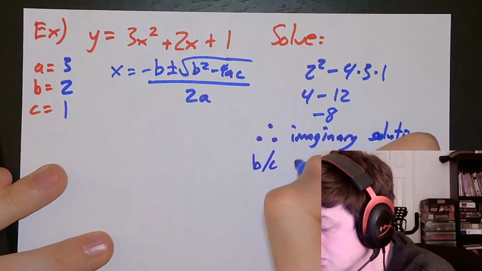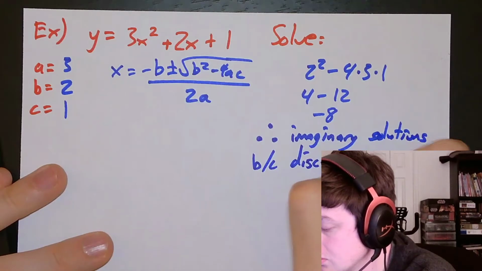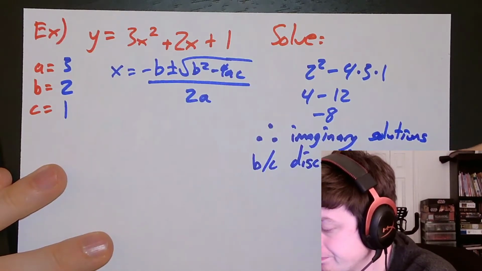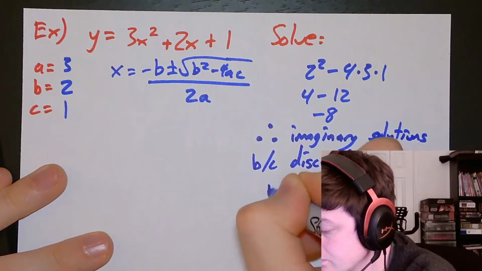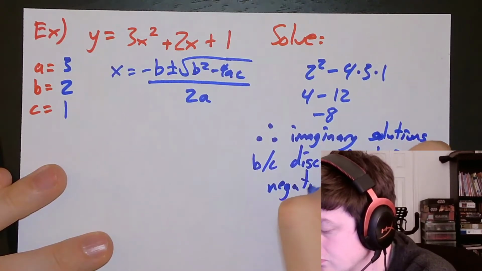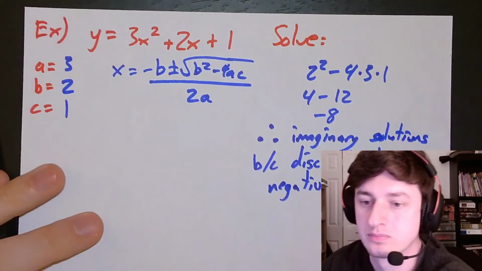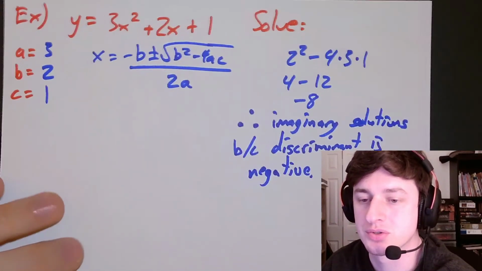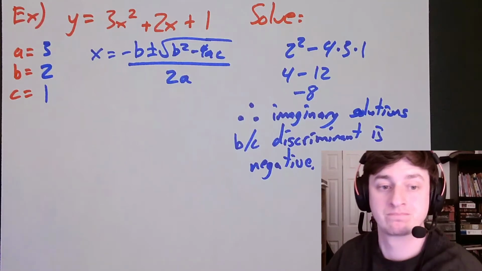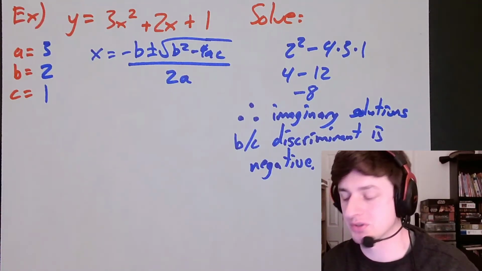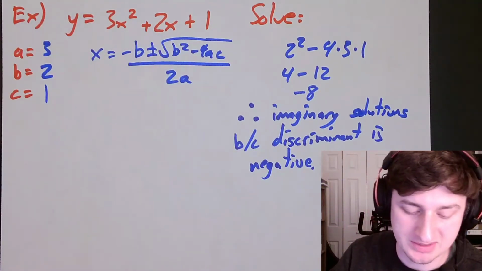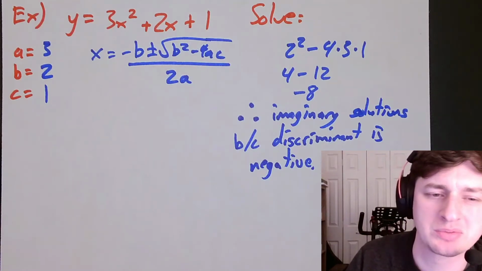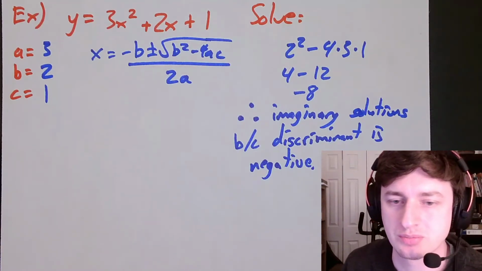So because the discriminant is negative, we're going to have imaginary solutions. That's okay. That means the graph, if I was to graph this, is above the x-axis and never touches it. You know, sometimes it could be below the x-axis and never touch it, but it's the same thing.